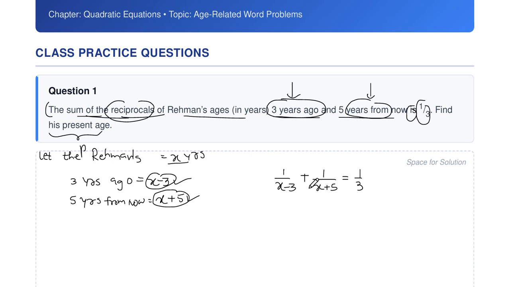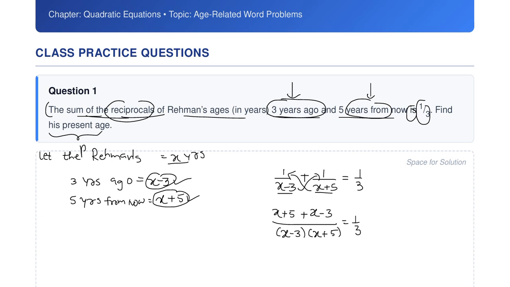Here we have to do the cross multiplication to simplify. So x plus 5 into 1, which is x plus 5, plus x minus 3 multiplied by 1, which is x minus 3, and in the denominator x minus 3 into x plus 5, that we have to multiply, is equal to 1 by 3 as it is.